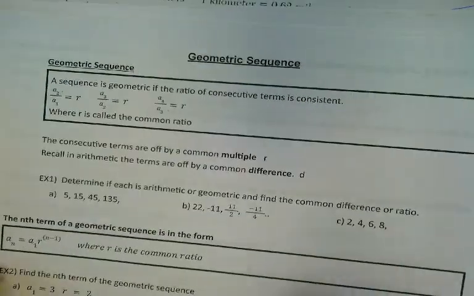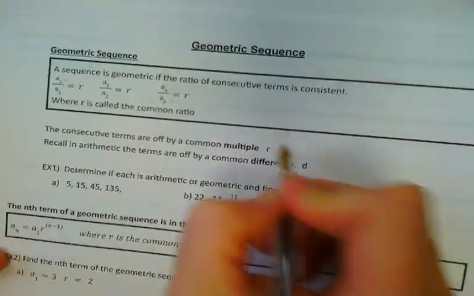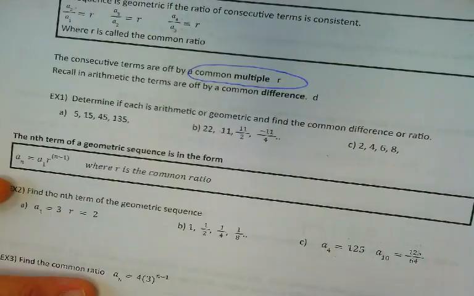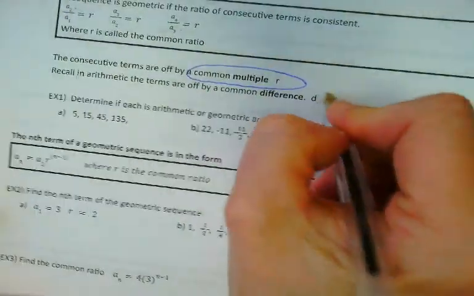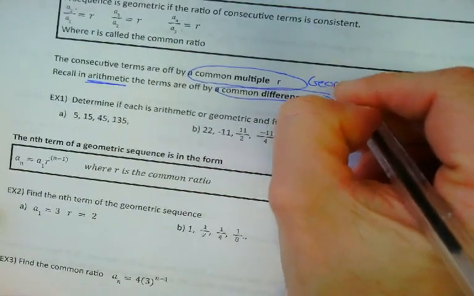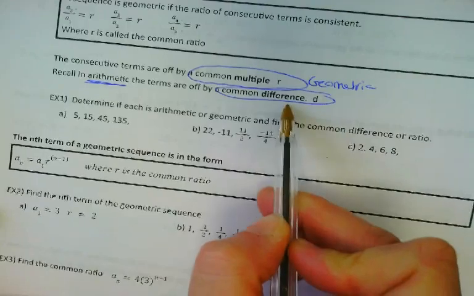We're looking for basically a multiple. Consecutive terms change by a multiple of r. Highlight that for yourself. Arithmetic terms change by a common difference. So that's how you know if it's geometric or arithmetic. I'm going to put geometric here. Geometric has a multiple, arithmetic has a difference.